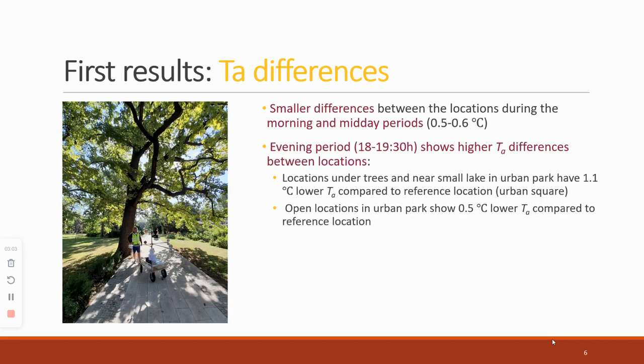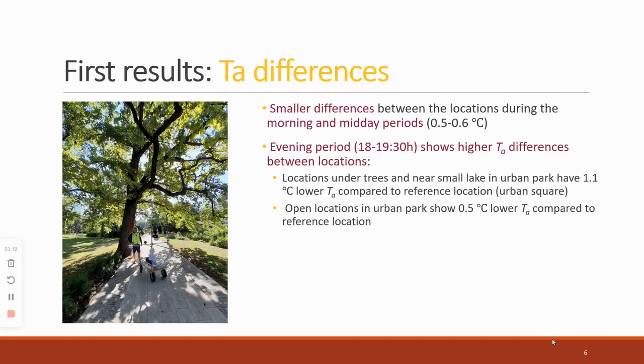And the first results that we obtained are that in the morning and the midday periods, we have very, very low differences between the locations when you look at the air temperature.